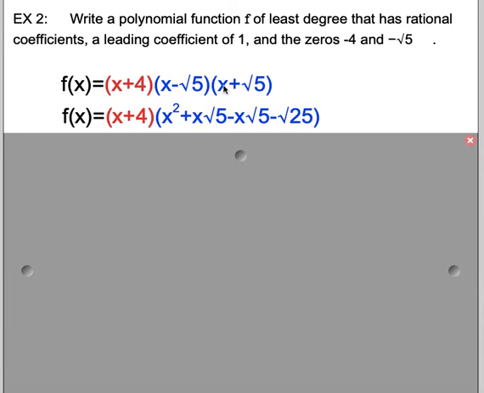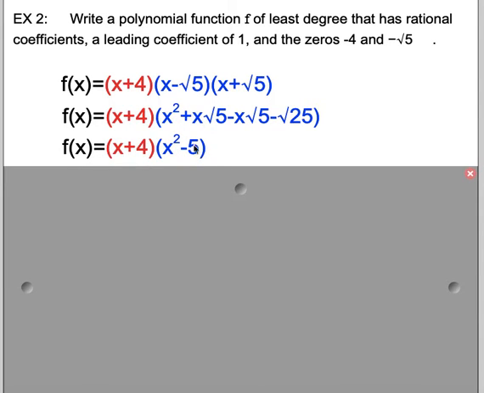Negative square root of 5 times x is negative x square roots of 5. And then a negative times a positive is a negative square root of 5 times 5, which is 25. Now, x square roots of 5 and minus x square roots of 5 cancel each other out, so those go away. Square root of 25 is 5, so it's x squared minus 5.